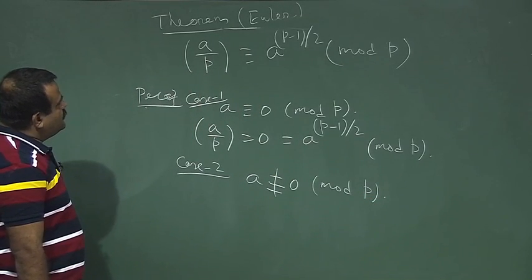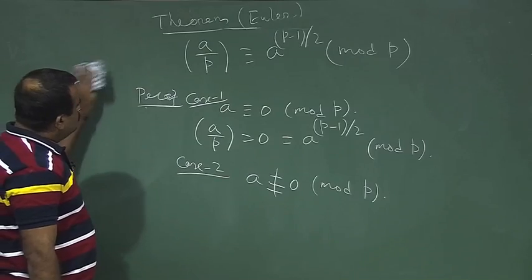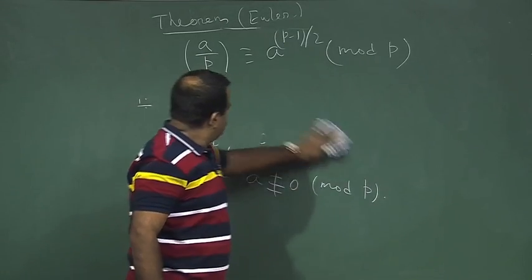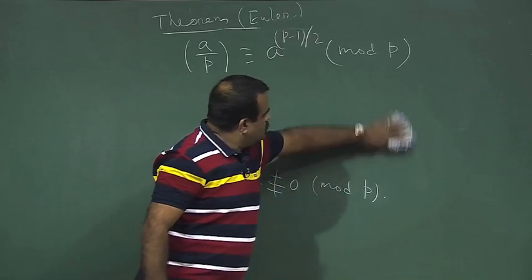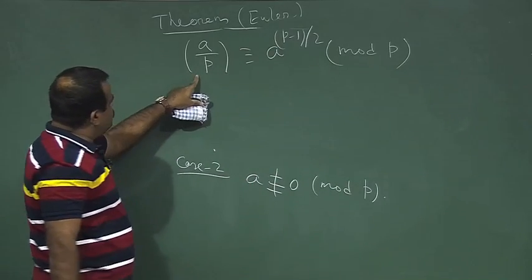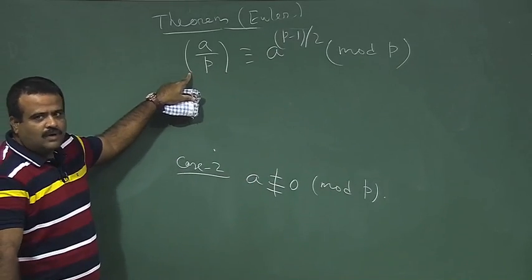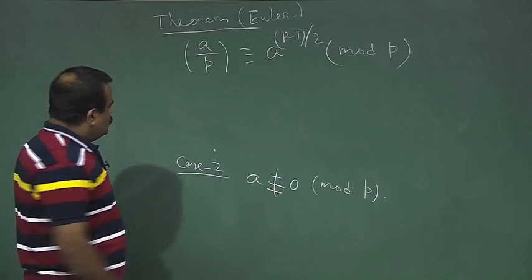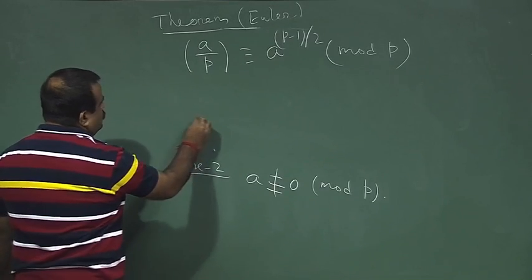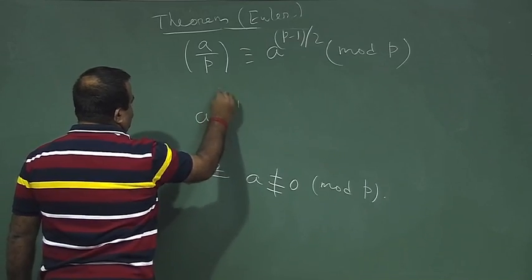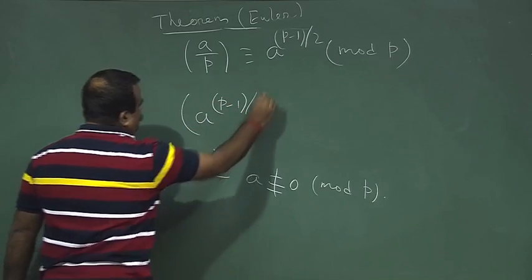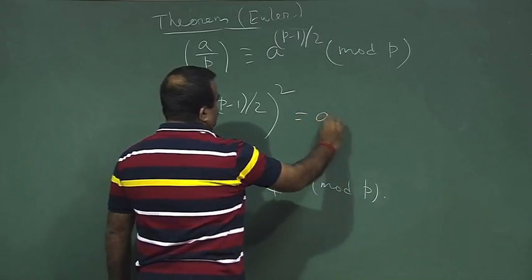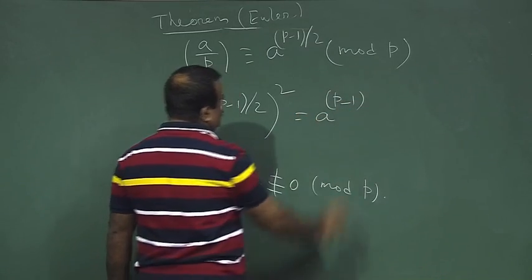In this case the Legendre symbol is either 1 or −1 depending on whether this is a square or not. So, in this case what we will do? We will take a to the power (p − 1)/2 and square it up. This basically gives us a to the power p − 1.